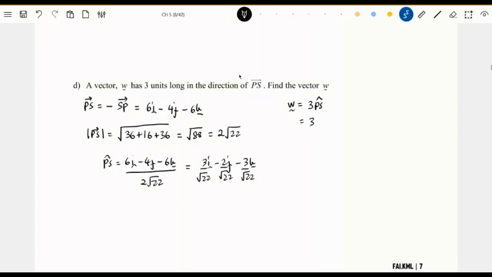Okay, so we times with the 3 here. And then we end up with your final answer, which is 9i over square root 22, 6 over square root 22 j and then 9 over square root 22 k. Okay, that will be your vector W.